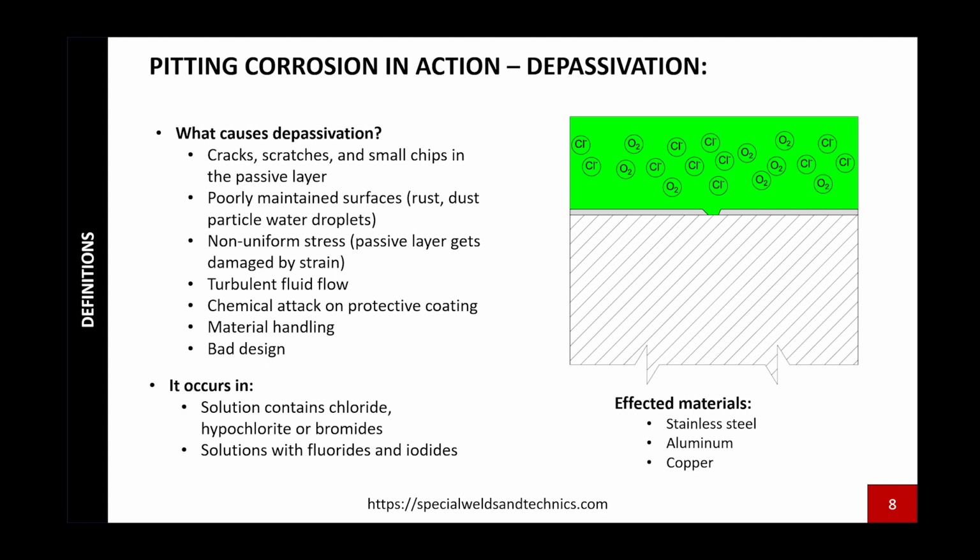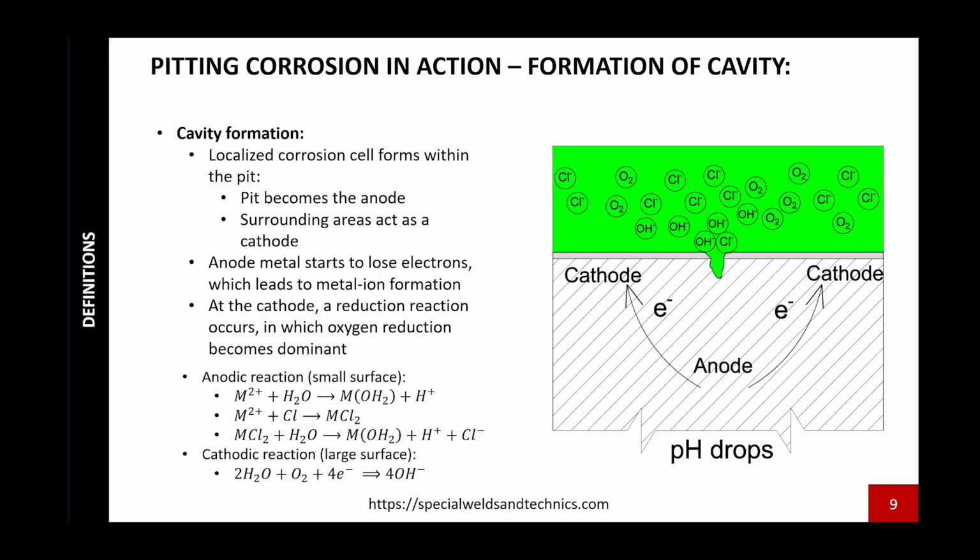Now we know the 3 ingredients. Let's go for step 2. As the chloride ions attack the base material, a localized corrosion cell forms in the pit. The pit becomes the anode, and the surrounding area becomes the cathode. Anode material starts to lose electrons, which leads to metal ion formation.